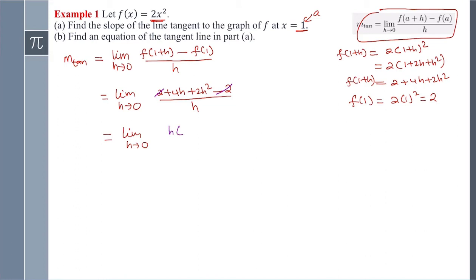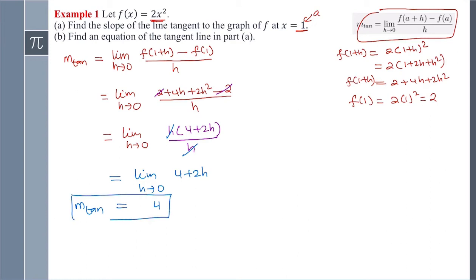If we factor out h, we have h times (4 plus 2h) divided by h, and then we can cancel out the h, and that gives us the limit as h approaches 0 of 4 plus 2h. Now we can find the limit by direct substitution, and when we do that, this equals 4. That means the slope of the tangent line is 4. See, we got the exact value.